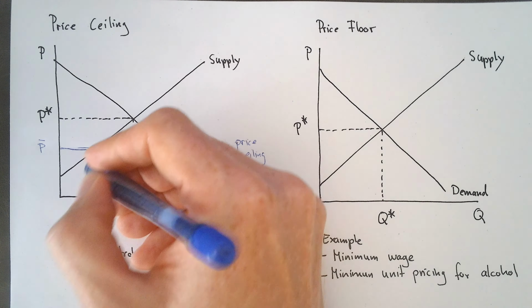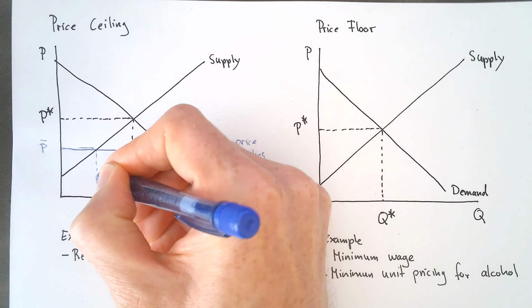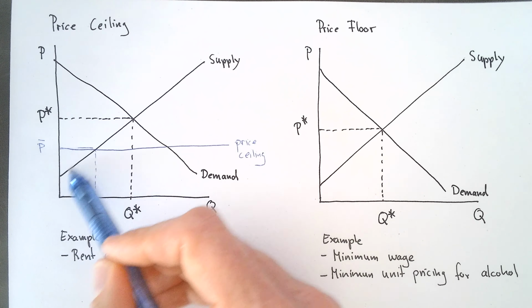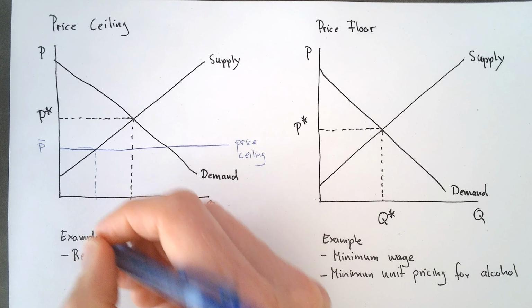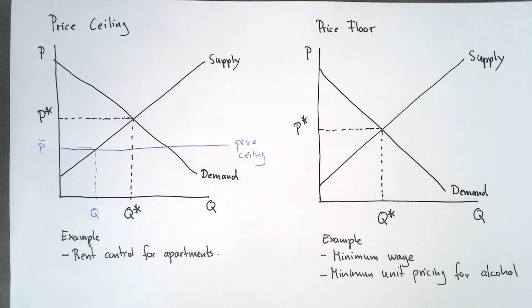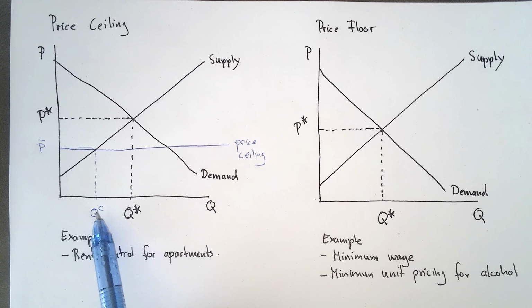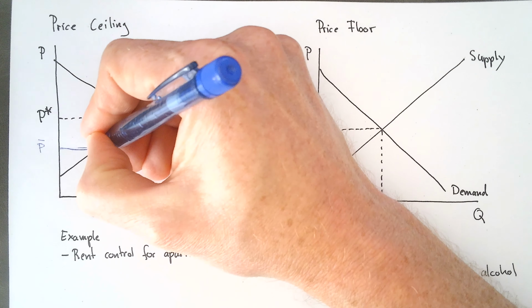Now, we will see that producers on the supply function are only going to provide, let's call this QC for the ceiling, and hence what they are providing to the market also sets the quantity that is actually traded in the market.